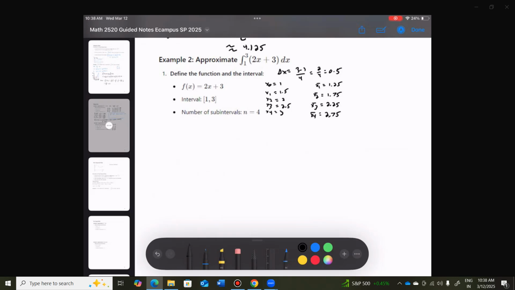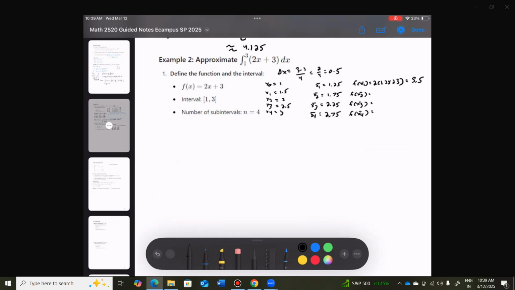And then we want to find our f of x sub 1 bar, f of x sub 2 bar, f of x sub 3 bar, and f of x sub 4 bar. And so 2 times 1.25 plus 3 would be 2.5 plus 3, 5.5.